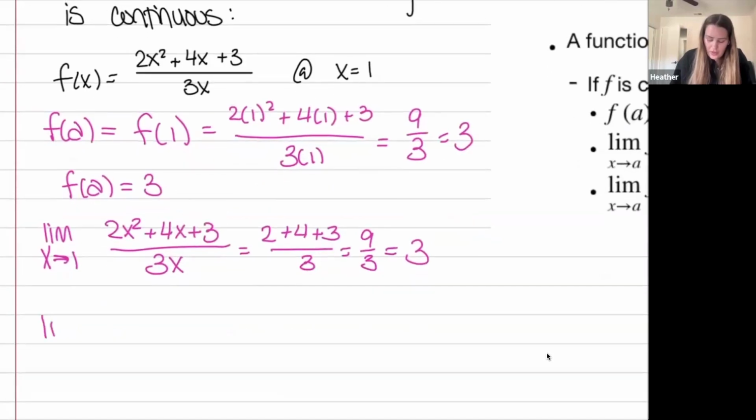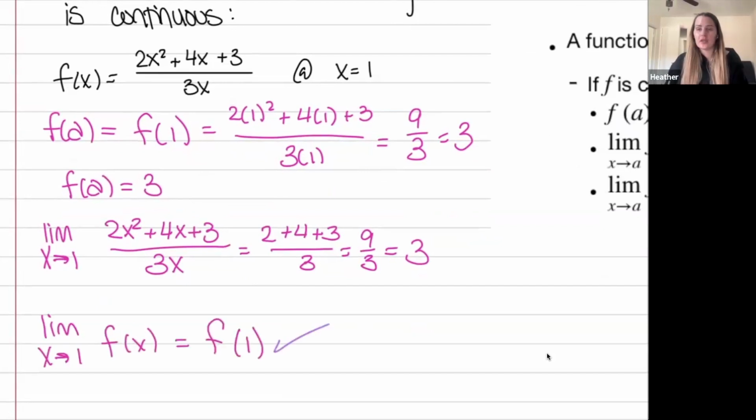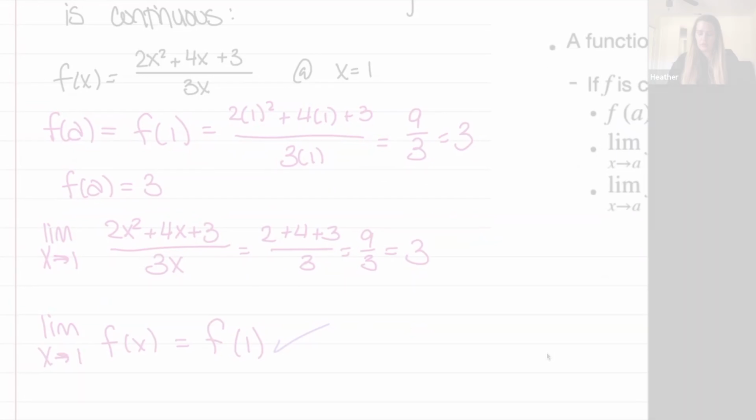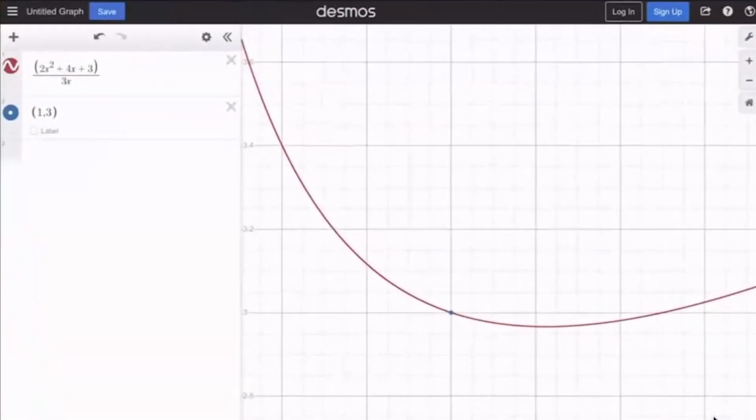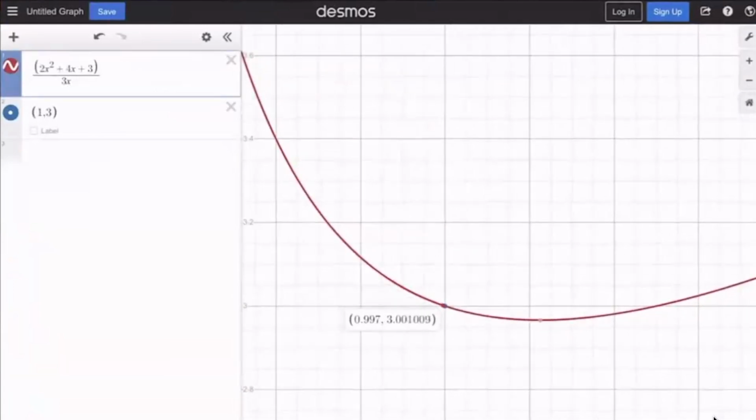So I have shown that the limit as x approaches 1 of f of x is equal to f of 1. Bingo, got continuity. If you need a little more convincing, we can show it in Desmos. I can see that the function is continuous at that point, (1, 3).